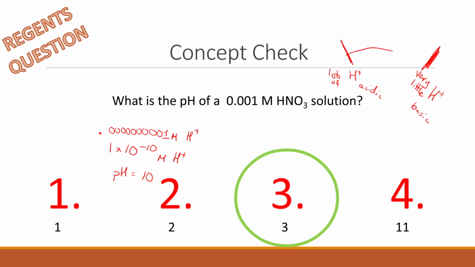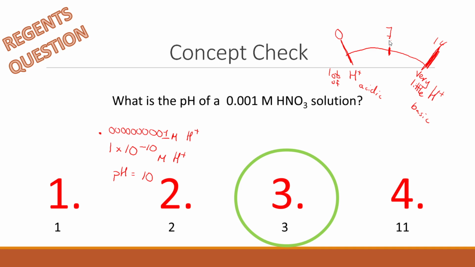And that's where we go from 0 to 14 with 7 in the middle. Right? We're not going to have a problem with pH of over 14. We're not going to have a problem with pH of less than 0, but those are things that are possible.